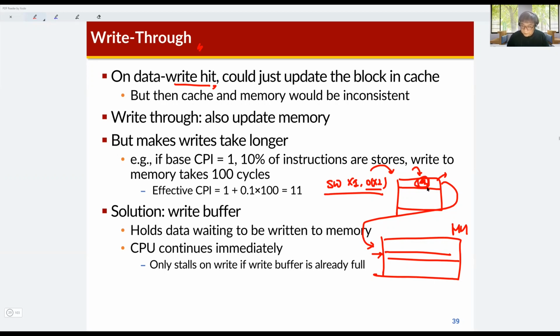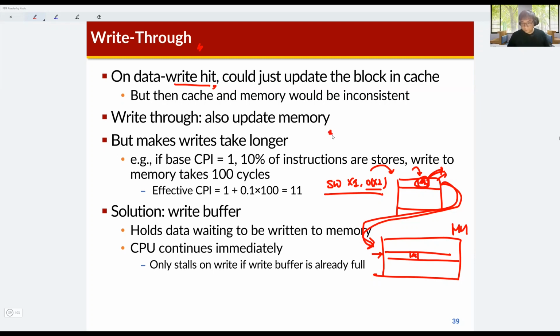So this cache block is updated, and then by the write-through method, when a certain cache block is updated by a store instruction, this block is sent to the main memory. So that means the same data in the main memory is also updated. This is the write-through method for write handling. So for write-through, we also update the memory.